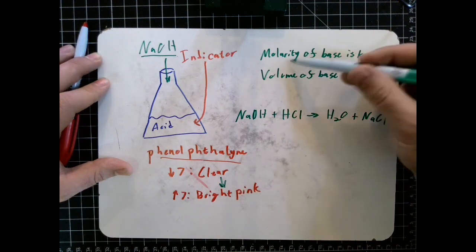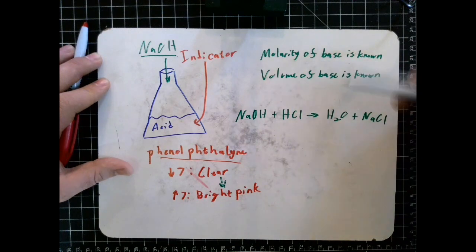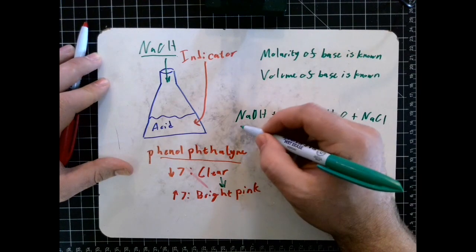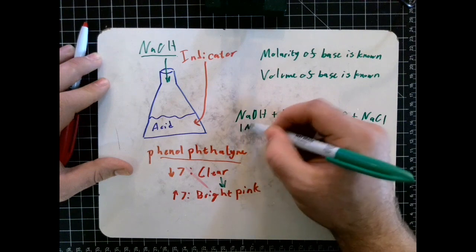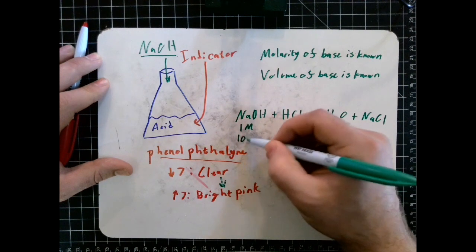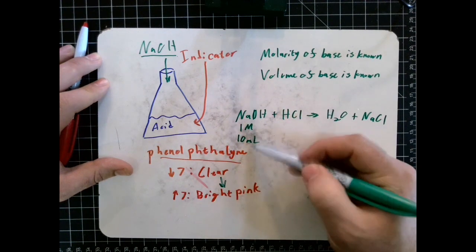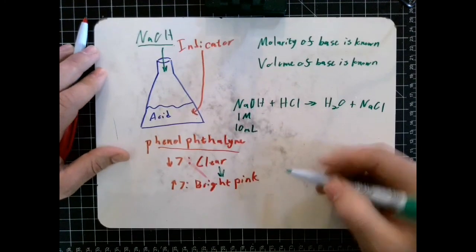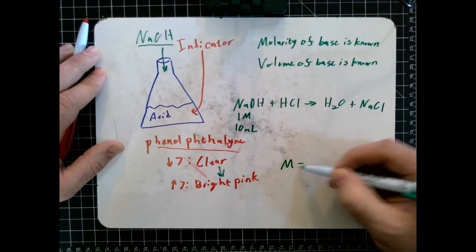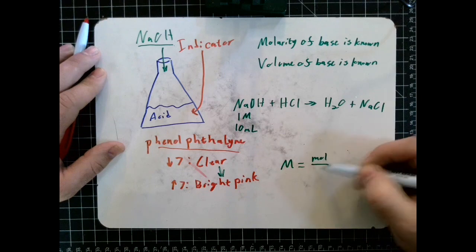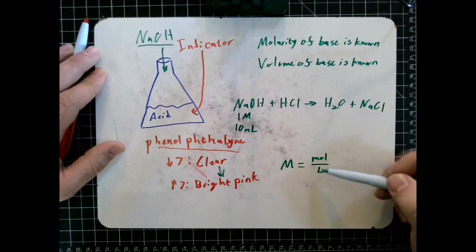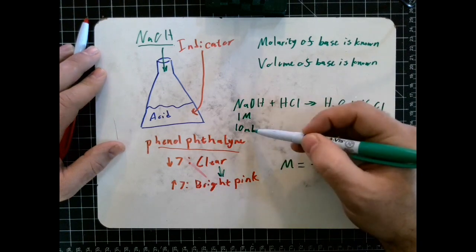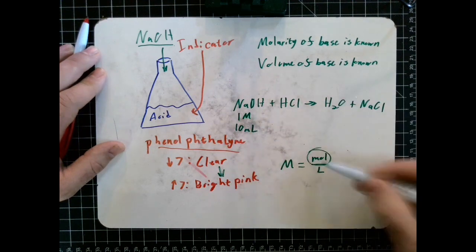So I know my concentration of base, and I know the volume of base. Let's say it's 1 molar, and let's say it took 10 milliliters. Remember that molarity is equal to moles per liter. So I can take my molarity times my volume, and that'll give me my moles.